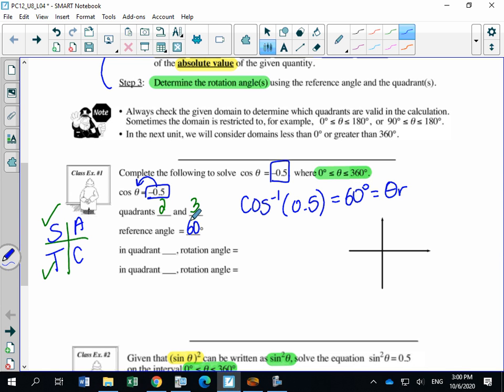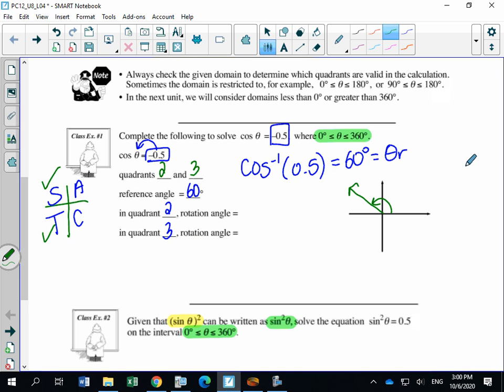Then within these 2 quadrants, quadrant 2 and quadrant 3, we have to figure out what the rotation angle is, and we're essentially going to have 2 answers. One of my answers is going to be in quadrant 2. On my Cartesian plane, I would draw an angle, and I need to find out what this rotation angle is based on the fact that it has a reference angle of 60 degrees.